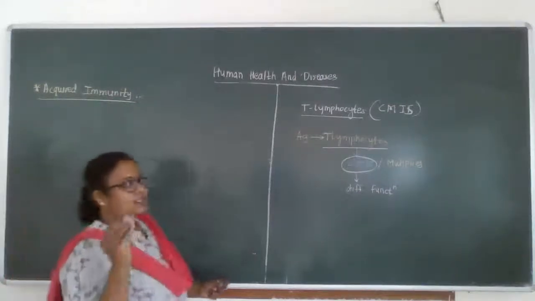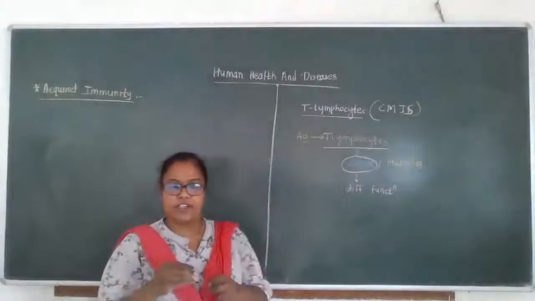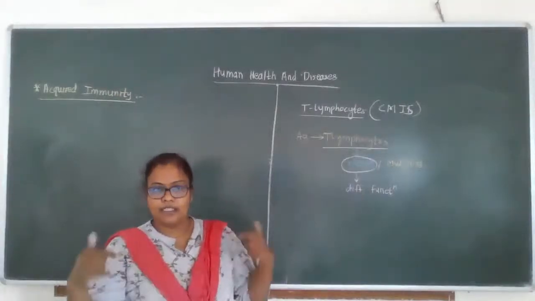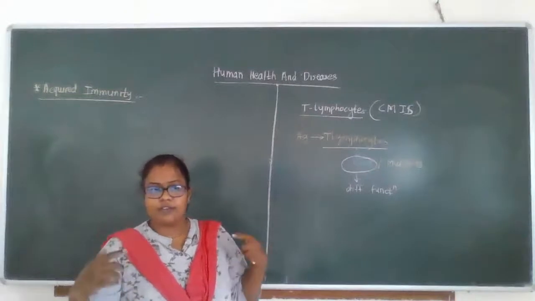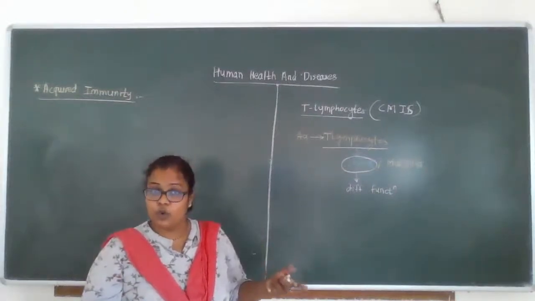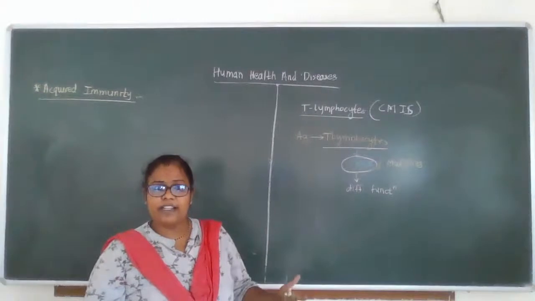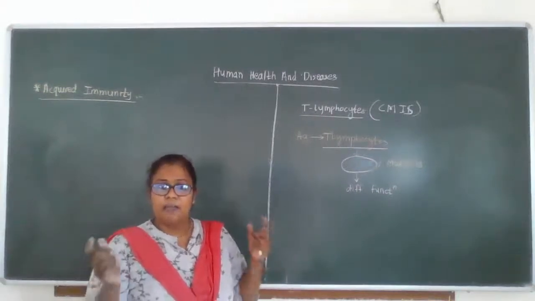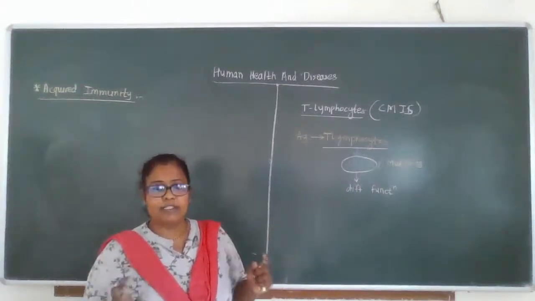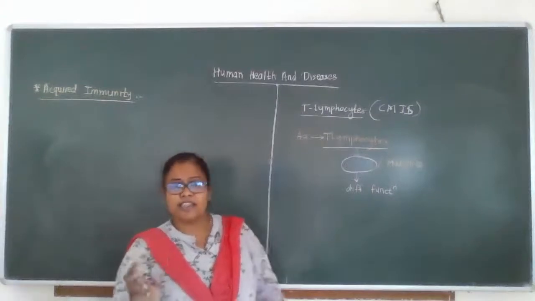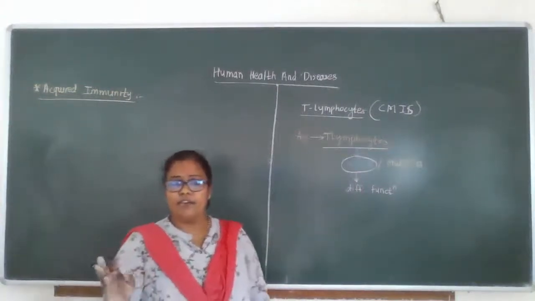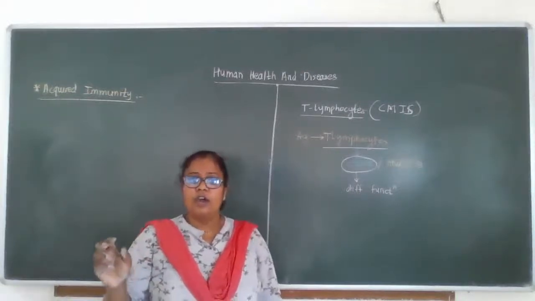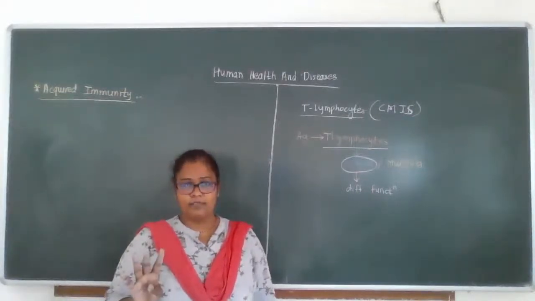When an antigen invades our body, our T lymphocytes get sensitized and form their own clones. That means they multiply in number, and these clone lymphocytes are structurally the same but perform different functions, so they are divided into 4 types.